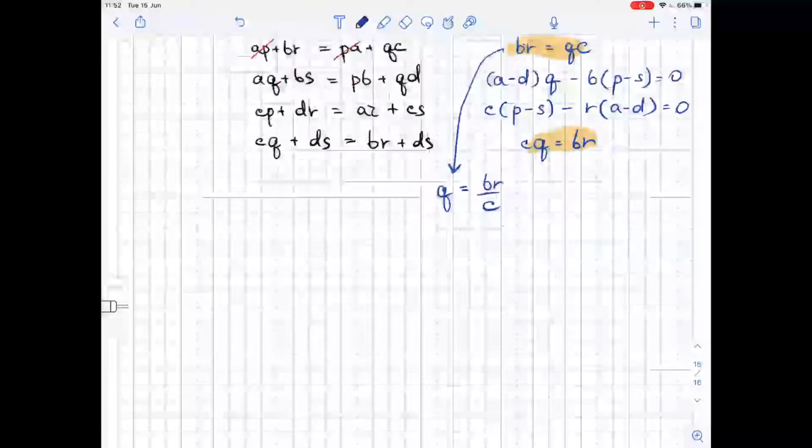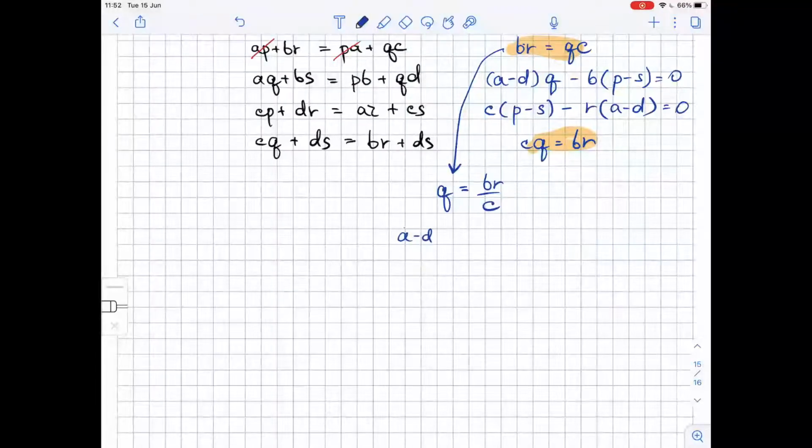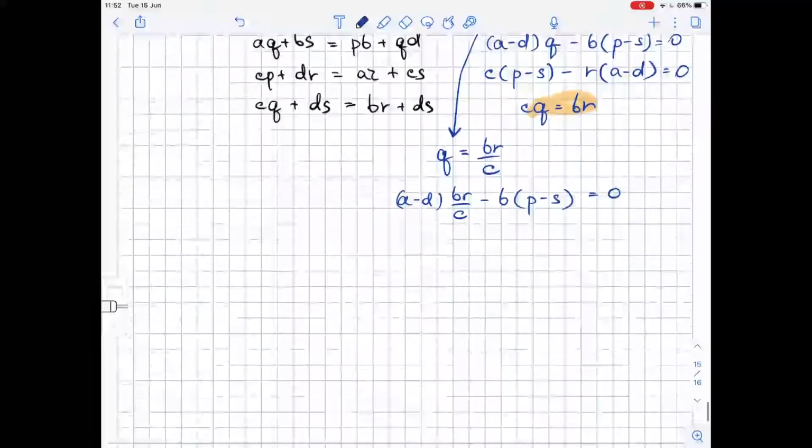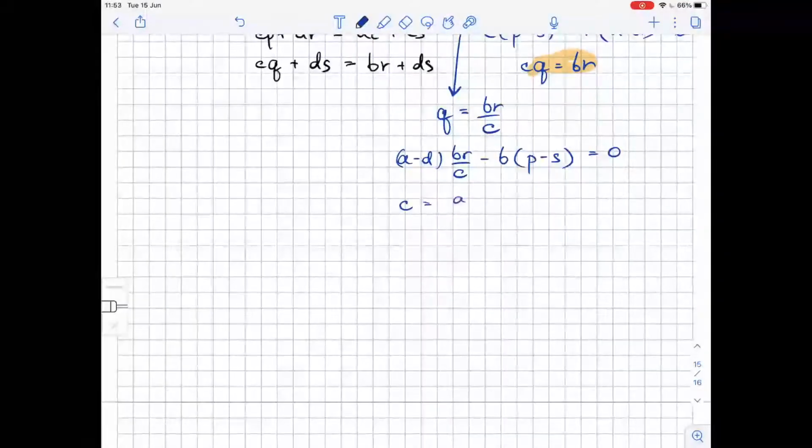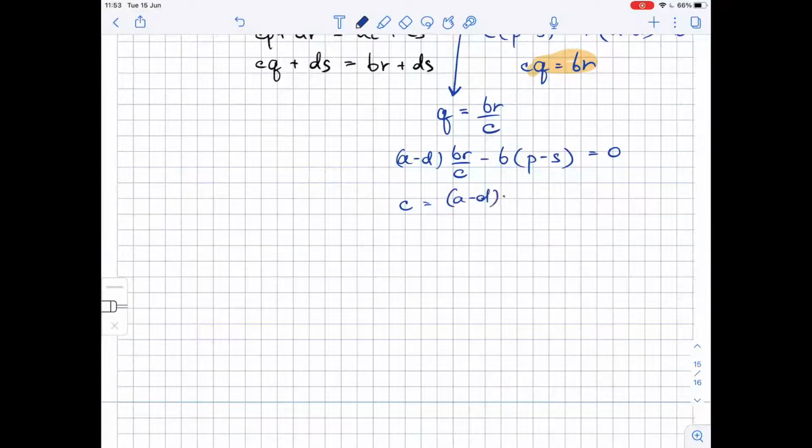So in equation 2, we will get (a minus d) times br over c minus b times (p minus s) equals 0. So we get that c equals (a minus d) times r over (p minus s).